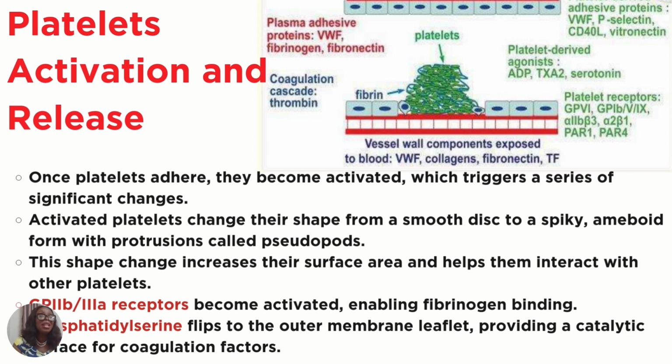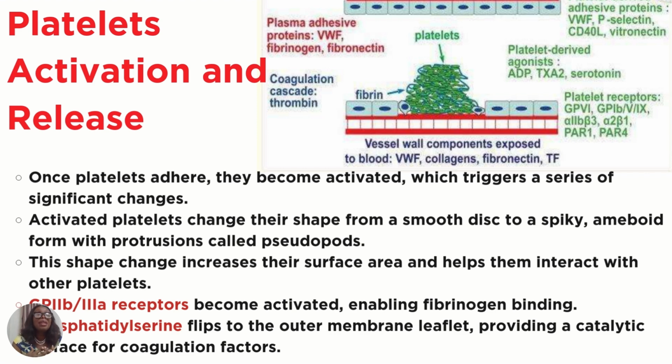Remember, they do this adhesion with the help of receptors found on the surface of the platelet. They change shape, from a smooth disc to a spiky amoeboid form with protrusions called pseudopods. This shape change increases their surface area and helps them interact with other platelets.